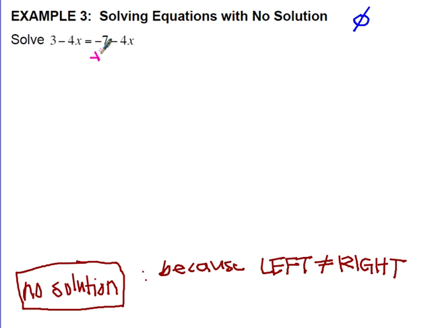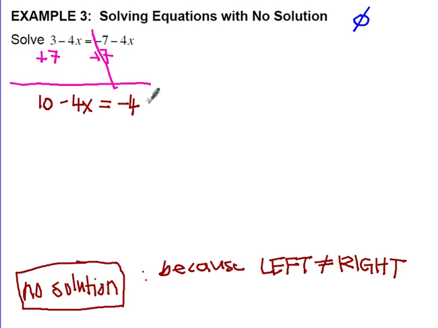And I'm going to remove negative 7 by adding 7 on both sides. And I'm going to line up the numbers together. The negative 7 plus 7 is 0, so that cancels out. And you are left with 3 plus 7, which is 10, minus 4x is equal to negative 4x.